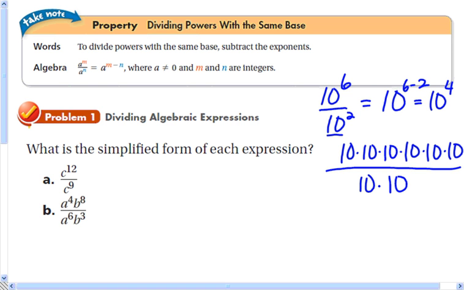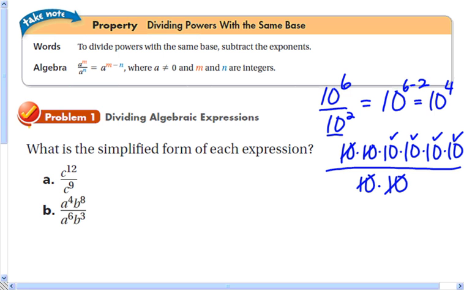Every time I have 10 divided by 10, that's just 1, and the identity property of multiplication tells me that if I multiply 1 by anything, I end up with whatever I'm multiplying by. And so I'm left with 1, 2, 3, 4. So it makes sense that we subtract when we're dividing as long as we have the same base.